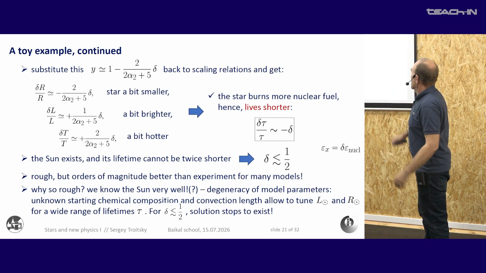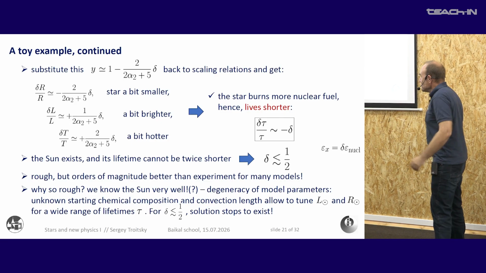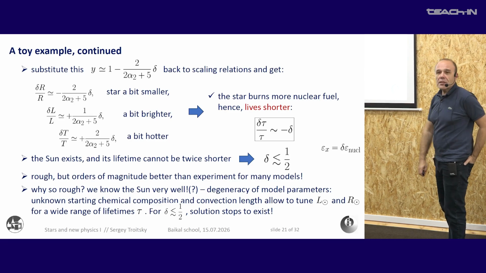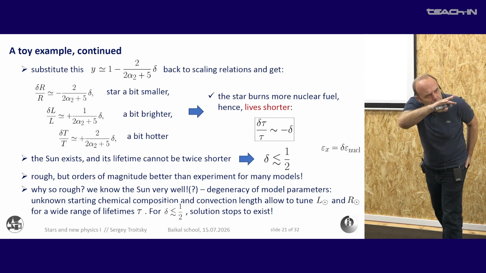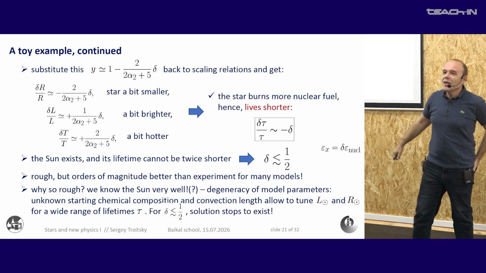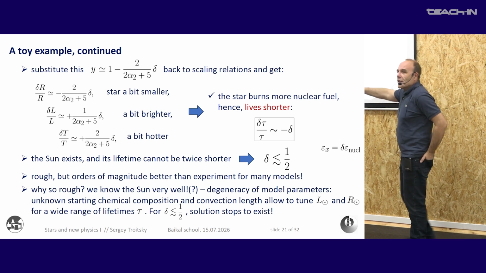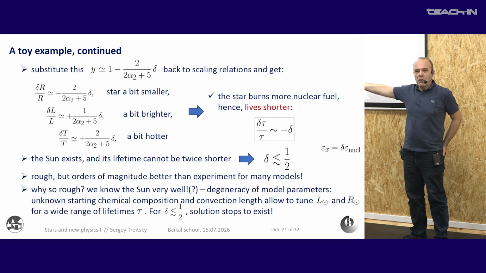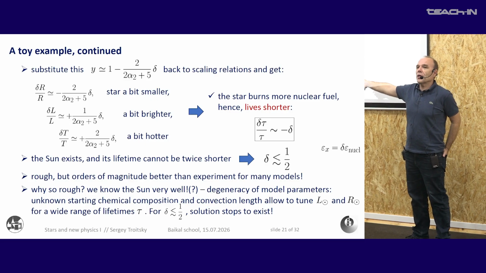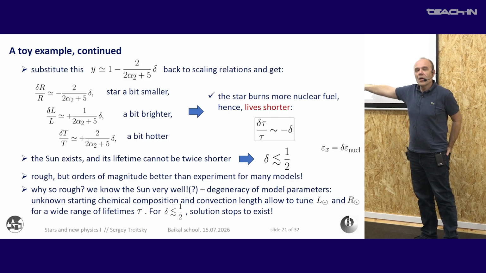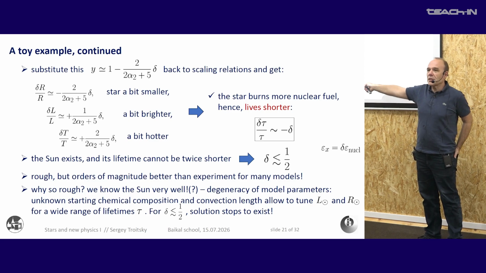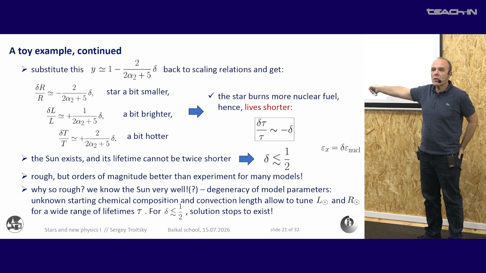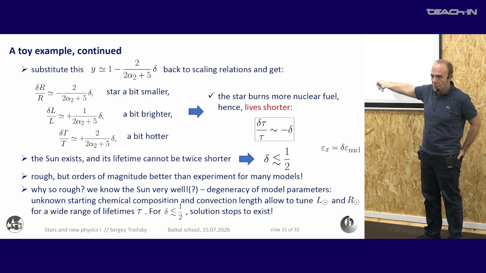That's energy conservation. Okay, the sun still exists. And just from this fact, we can obtain constraints on new physics, because the sun has roughly spent half of its lifetime.